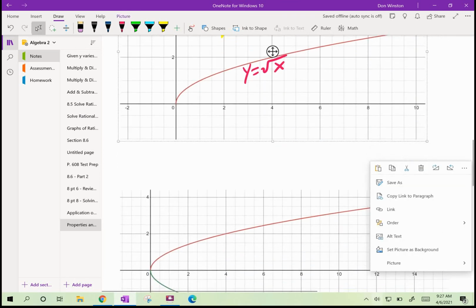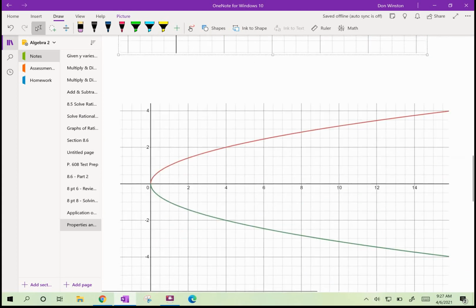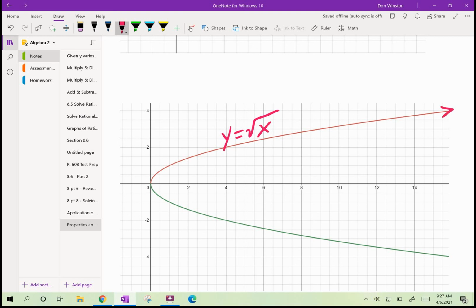Here again, I have my parent function y is equal to the square root of x. Notice here that I reflected the graph across the x-axis. To recall, whenever we do that, we multiply the entire equation by a negative. So this would be y is equal to the negative square root of x.